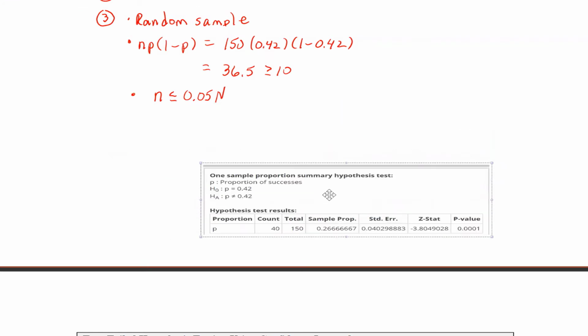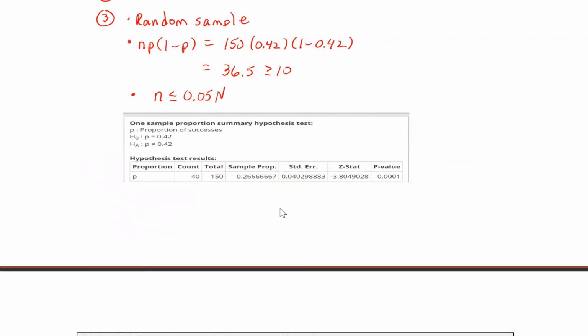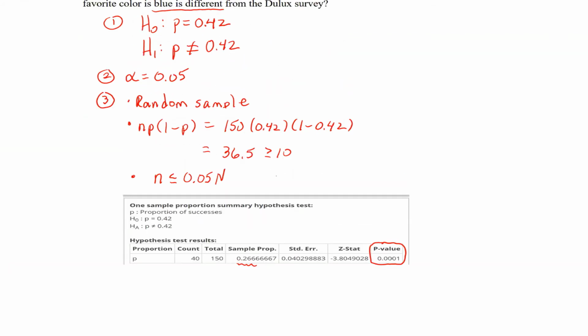Now, one other thing that I want to do is explain to you what StatCrunch is actually doing for two-tailed tests to get this p-value. Notice that our sample proportion is about 0.267. Now here we said that we can use the normal model.